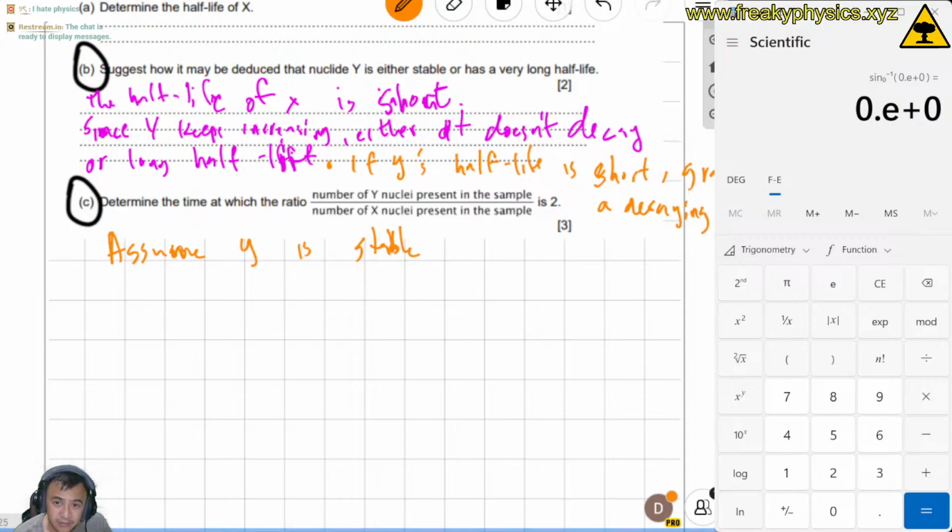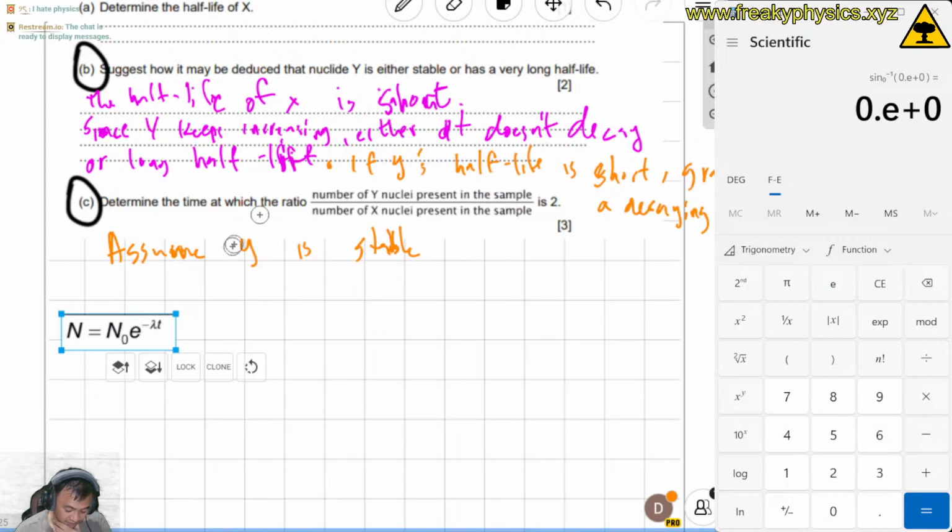Here. This is going to be our equation. We'll use N equals N0 e raised to, actually no, that's not gonna be good. Do we know the activity? Yes, we do. We can get the activity from the graph, right?